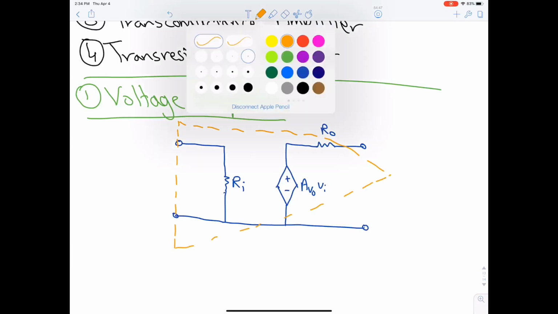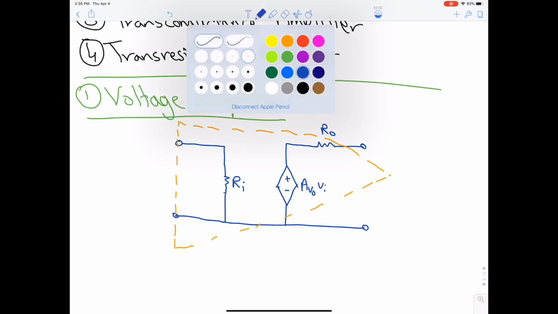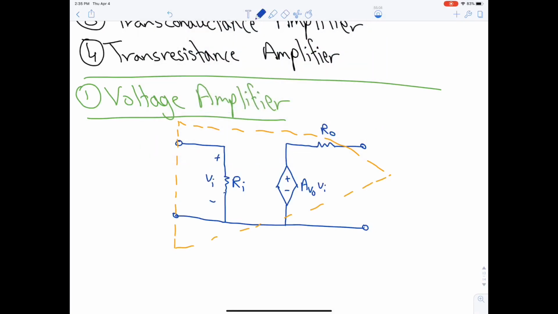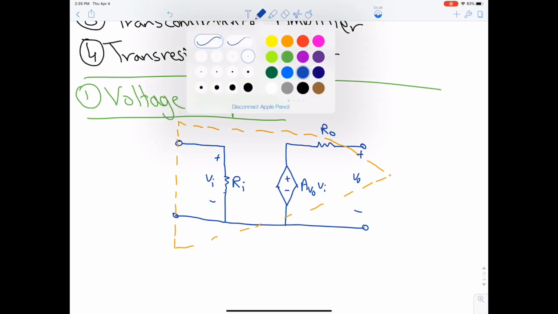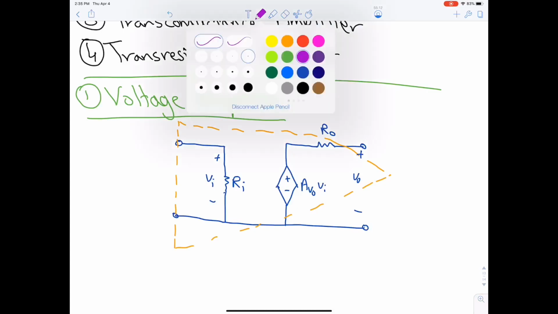Now in the question, when the instructor asks you about the voltage amplifier, he will give you what's drawn in blue. Now you have to connect 2 things, the input and the output, Vi, and here there's V output. Let me draw it in red.